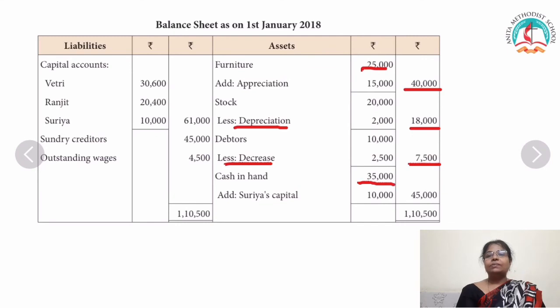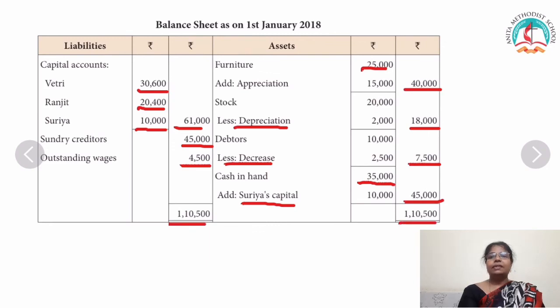And in that you have to add Surya's capital because he has brought cash. So that comes to 45,000. Now the capital account is, for Vetri we have calculated as 30,600, for Ranjit 20,400 and for Surya it is 10,000. Sundry creditors 45,000 and outstanding wages 4,500. So now the total of the balance sheet comes to 1,10,500.